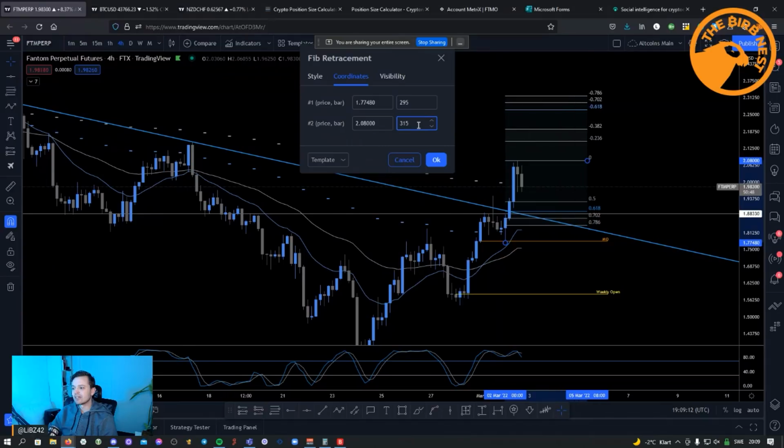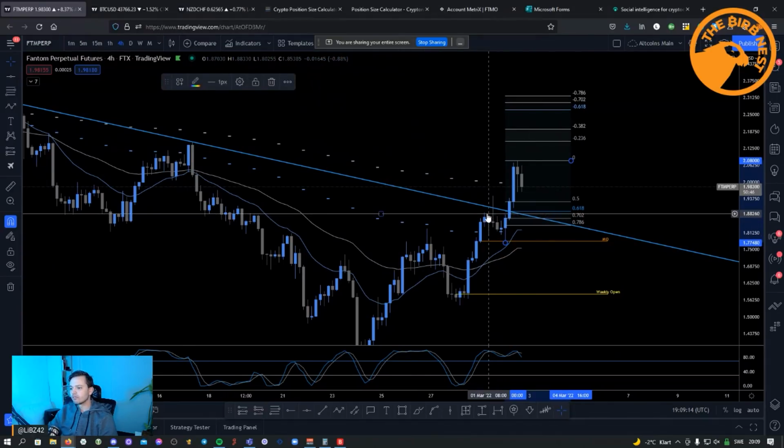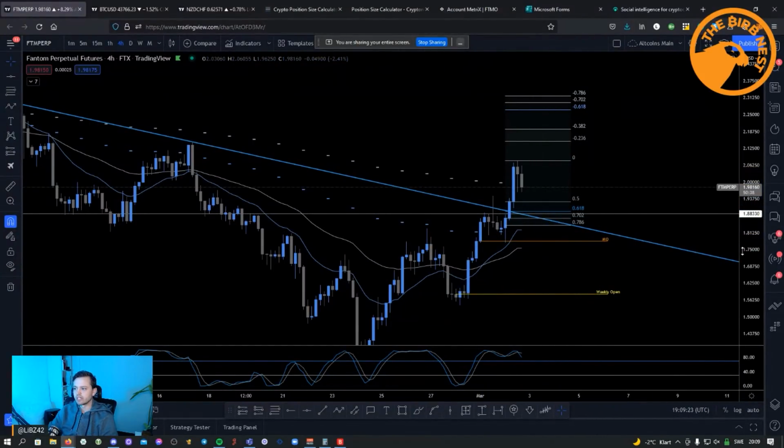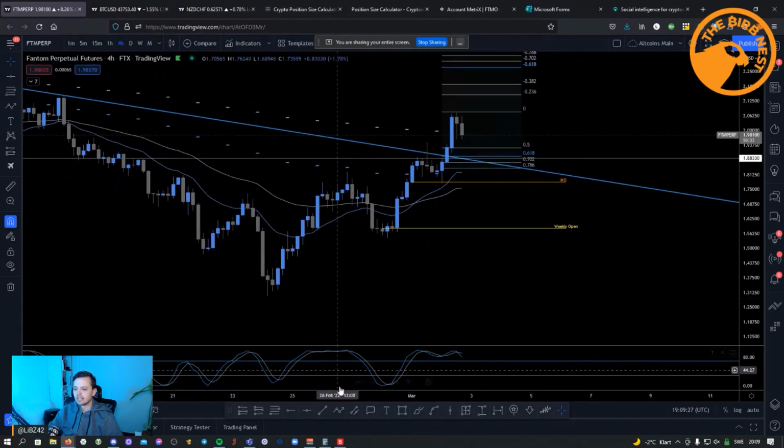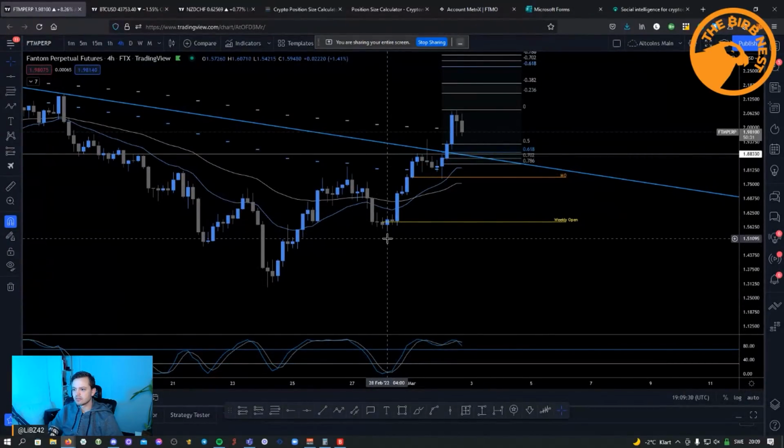But right now, let's take a look at this setup, right? You have that confluence between the descending trend line and the horizontal level being in perfect confluence, almost right on the 0.618, right? So that's something I really, really like about Fantom right here. Let's add a trend line here as well to see if we can find anything that makes sense.